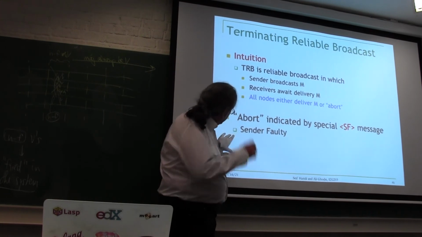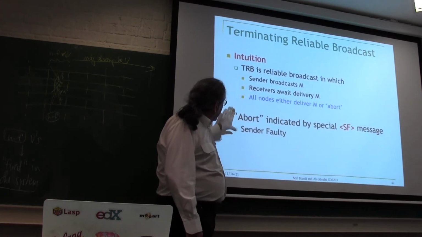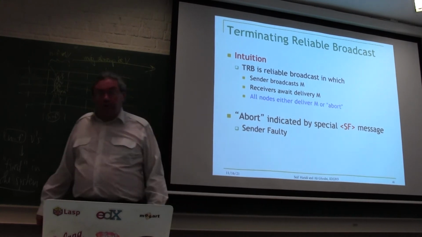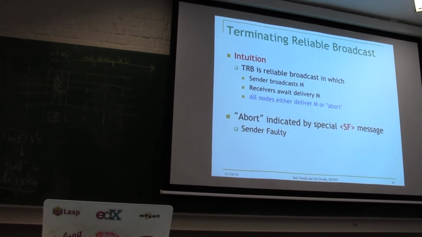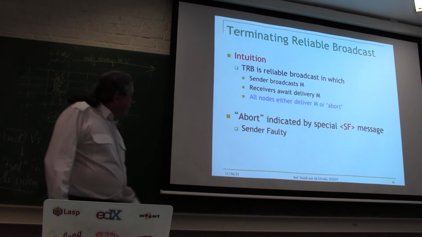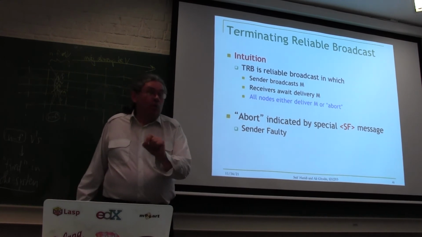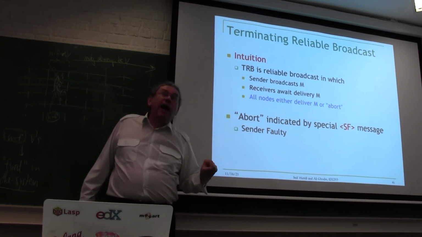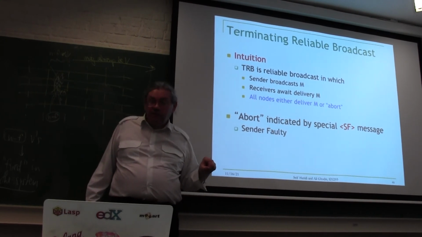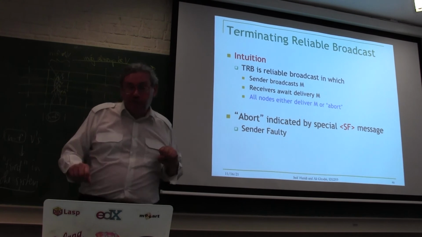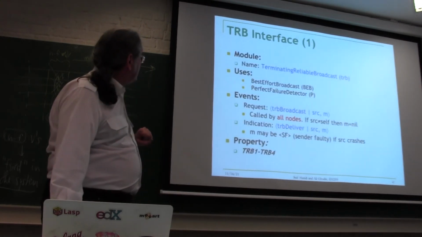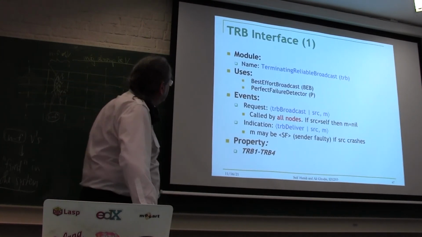This one takes a lot more work than the regular reliable broadcast, actually. Telling you with a message when something did not happen is very hard. It's kind of like negative information, and in a distributed system it's especially hard.